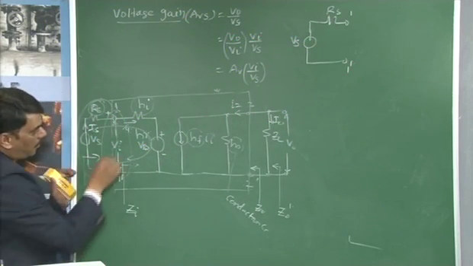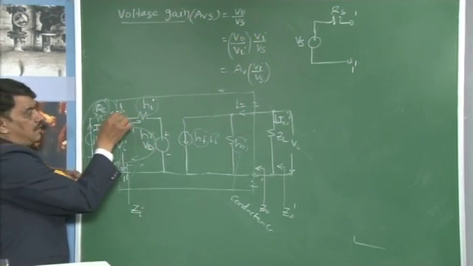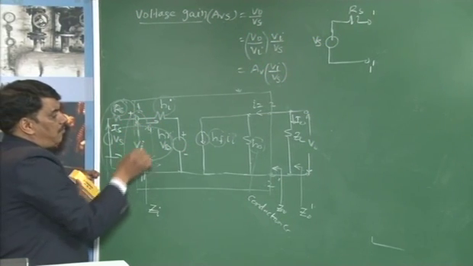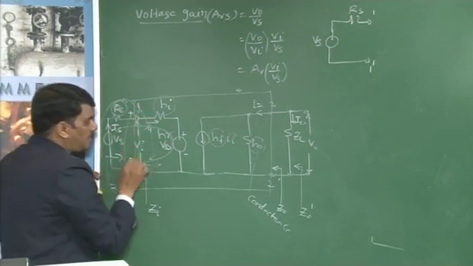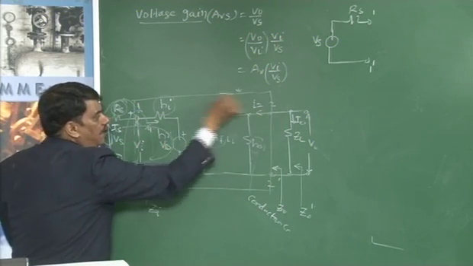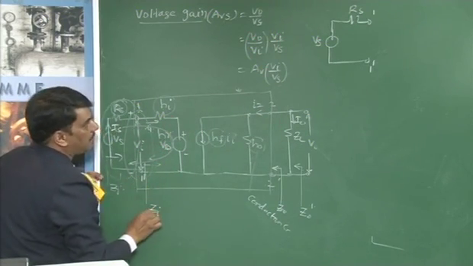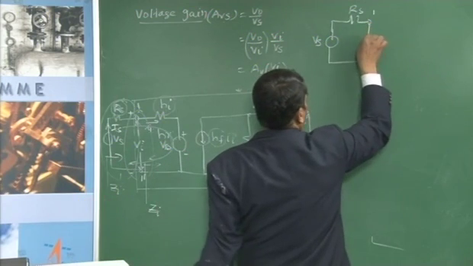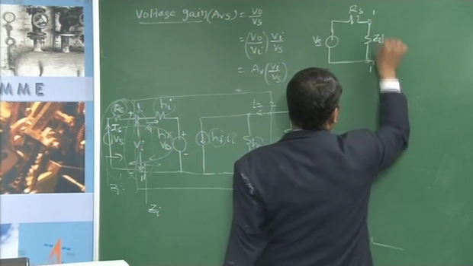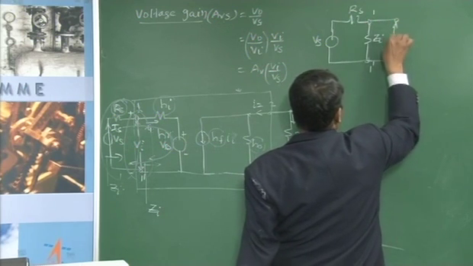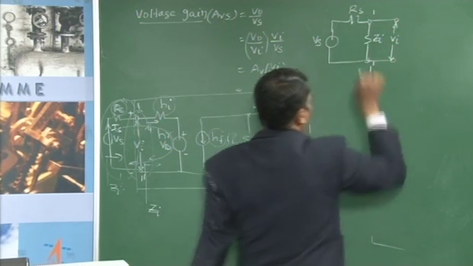We know that when you are looking into the terminal 1 1 dash, this entire complete circuit is replaced with a Zi. Hence you are going to get this Zi. The voltage drop across this Zi is nothing but Vi.